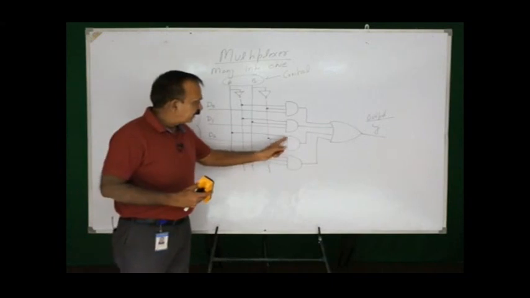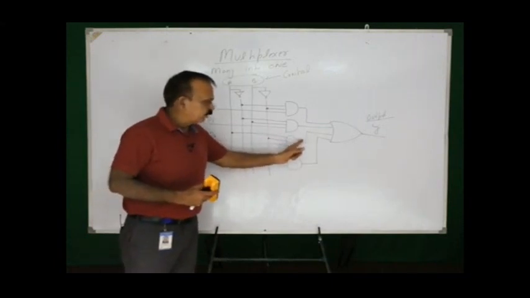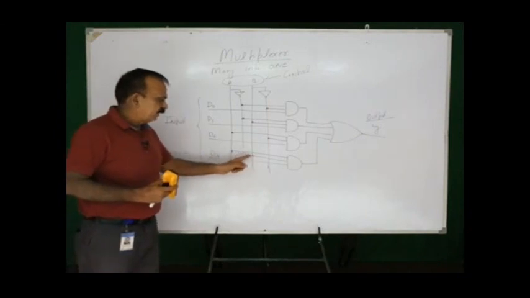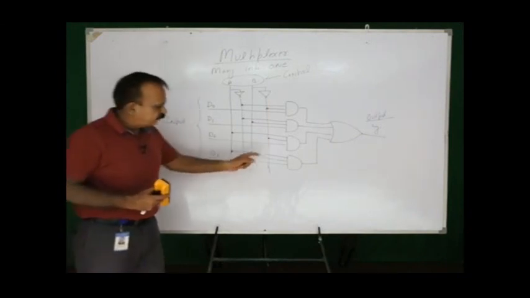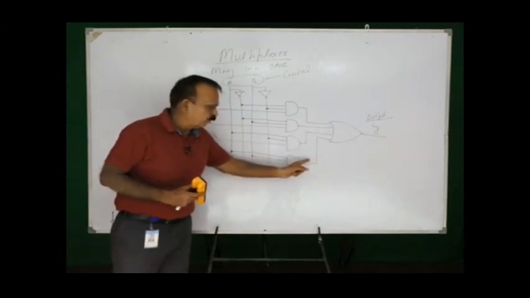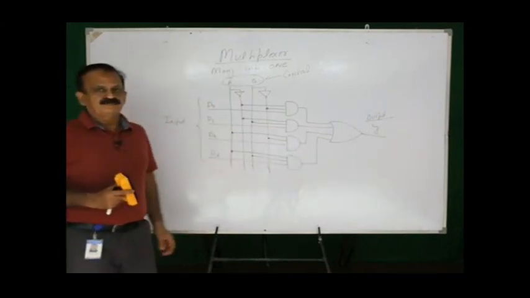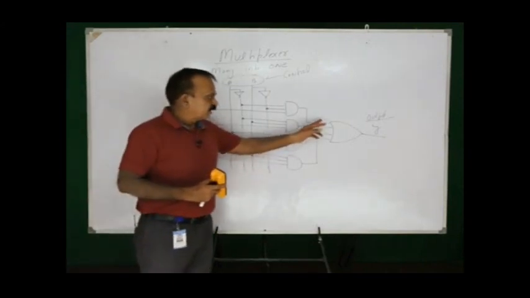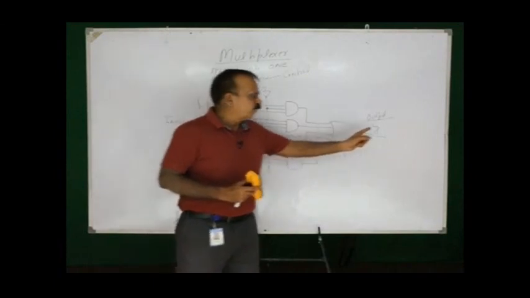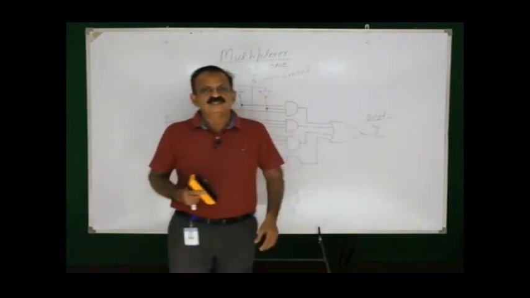This third gate is connected to B bar, this value is going to be 0. But the last one, A, B and D3, these values will be 1, 1 and D3, and the output value will be equal to D3. Now since the inputs are 0, 0, 0 and D3, the value of Y will be equal to D3.